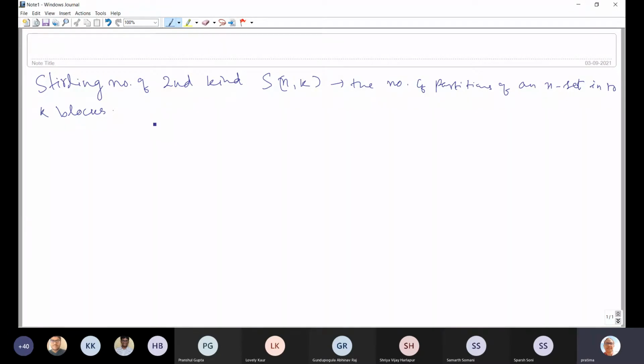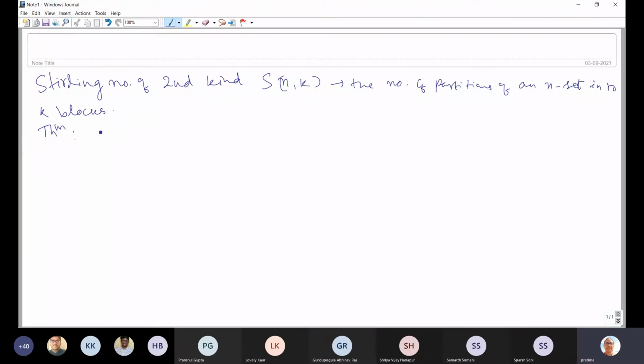Well, we have also seen some examples, and then I had asked you to check this recurrence relation about S(n, k).